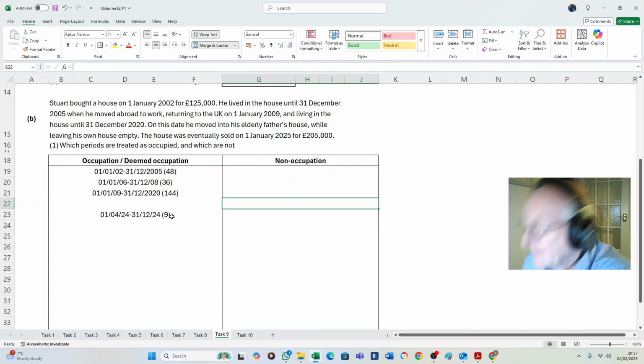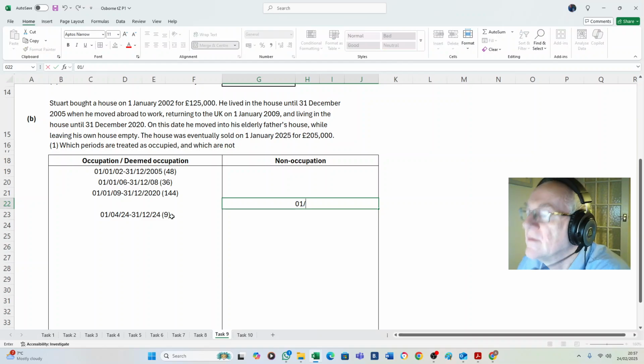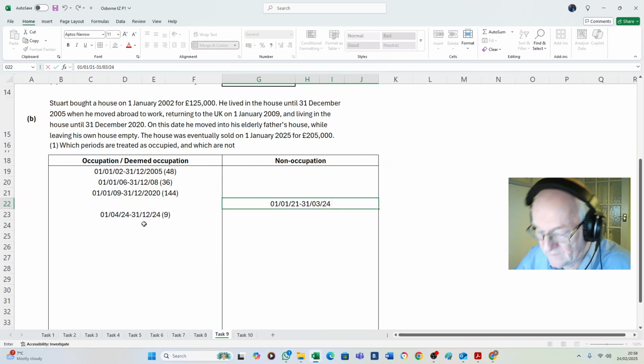So I get these dates right. 01, 01, 21 to 31st of December. No, December. 03, because that's 04. 24.